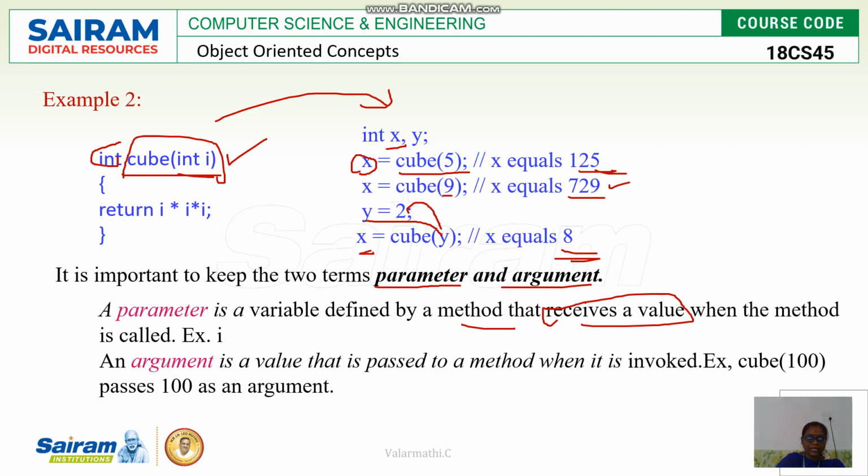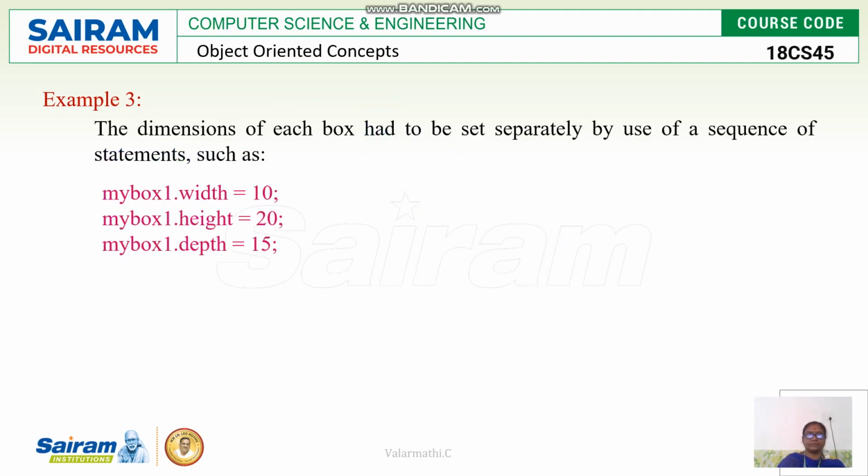Then an argument is the value that is passed to a method when it is invoked. Here y is an argument, 5 is an argument and 9 is an argument. Likewise, we have to be clear about the two terms when we are using methods.